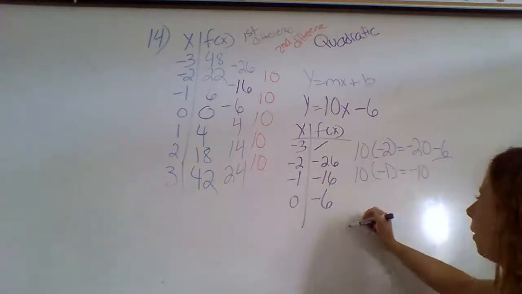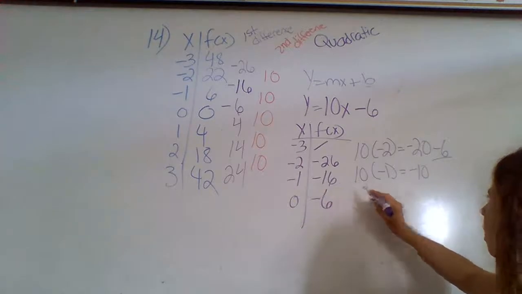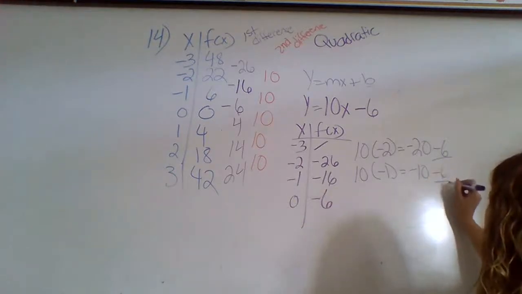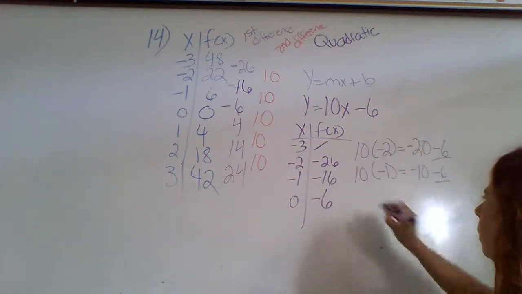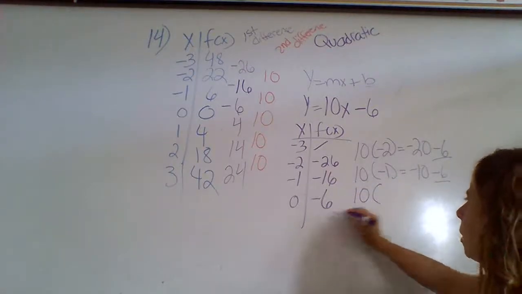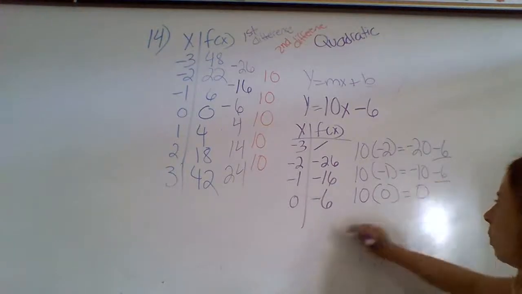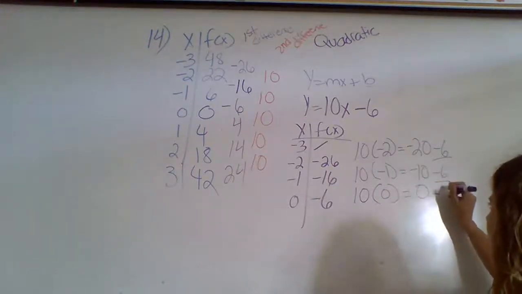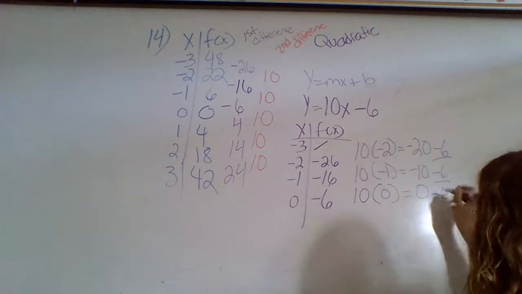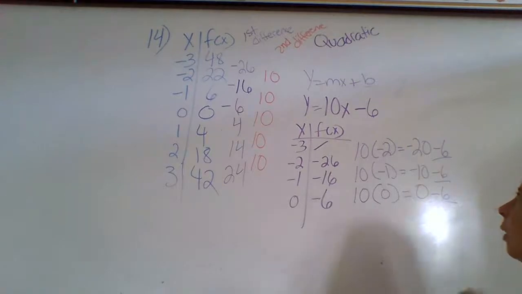But when x is -1, y should be -16. So you also have to subtract 6. 10, which is your slope, multiplied by x value 0. 10 times 0 is 0, but it's supposed to be -6, so I subtract 6. Okay, so that would be our equation for the first difference. That is the linear equation for the first difference.